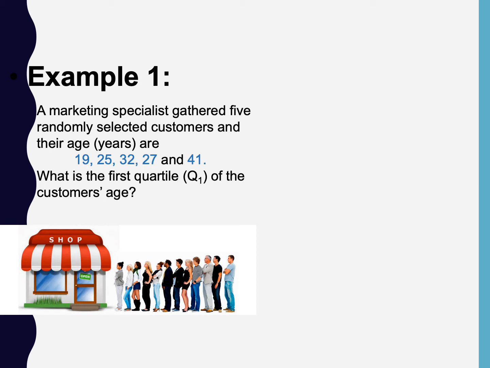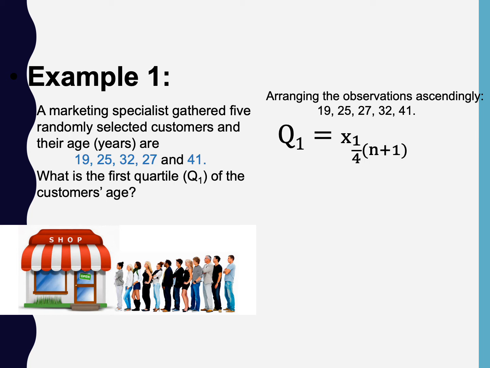Next, using the same example and same data set, solve for the first quartile of the customers' ages. So again, you arrange your observations ascendingly and then solve for the position where the Q1 is located. In this case, the position is x sub 1/4 times n plus 1.